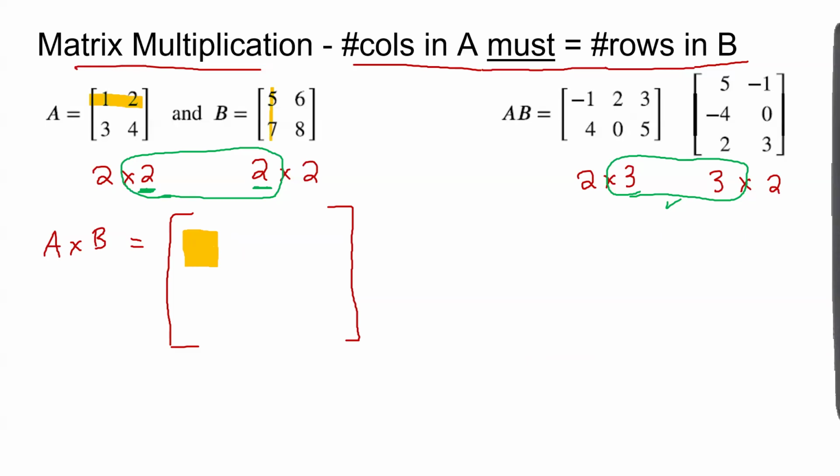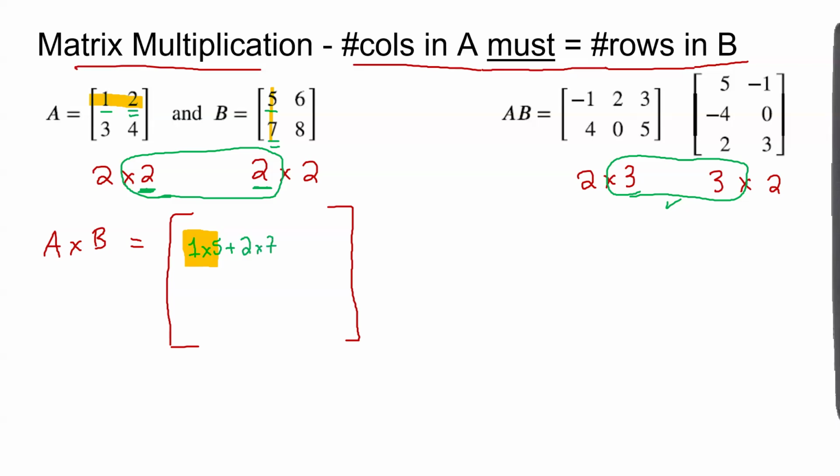Now, what does that mean? Well, we're going to take this element right here times this one right there. So that's a 1 times 5. And then we're going to add to that the second element times the second element. Remember, we're working that row times this column.